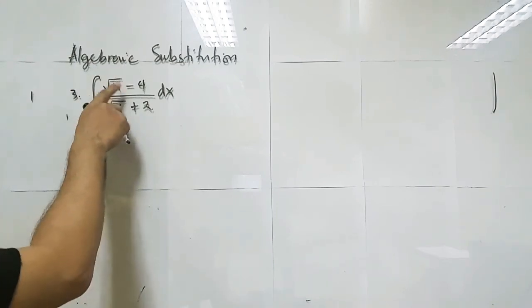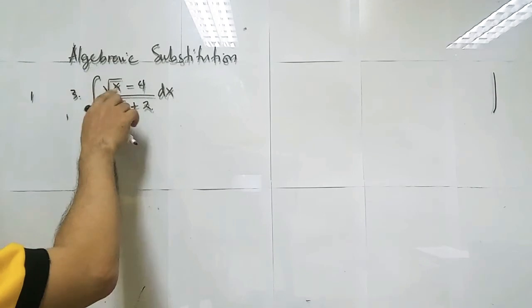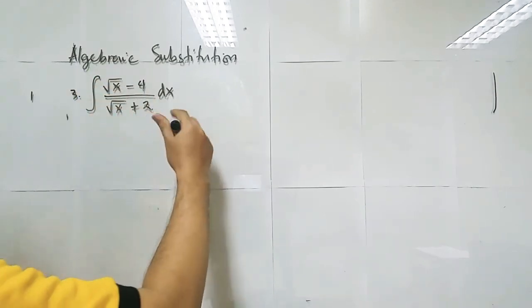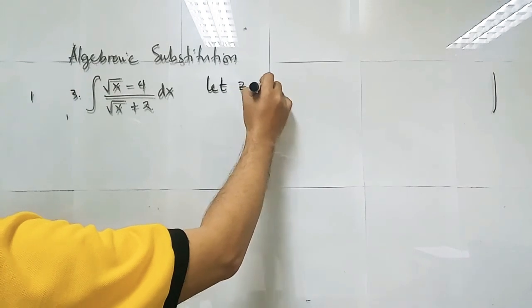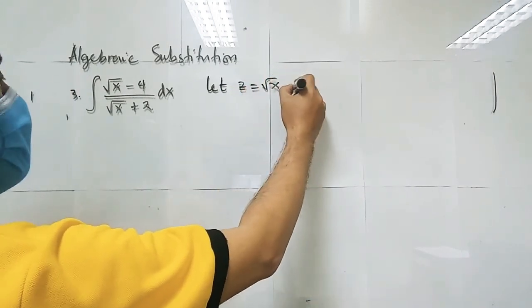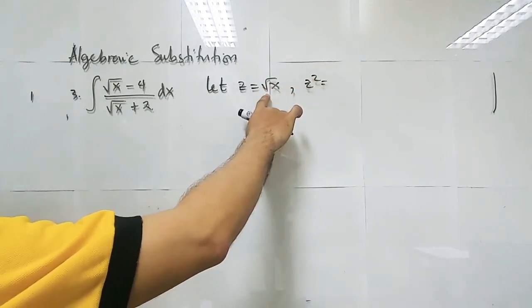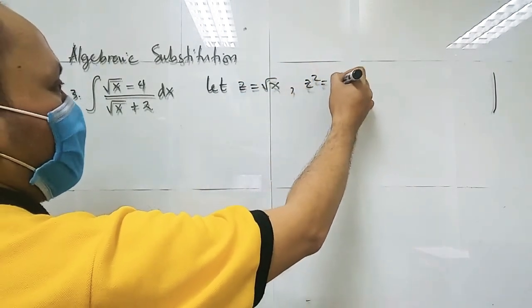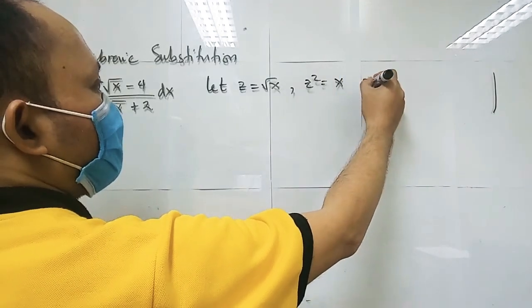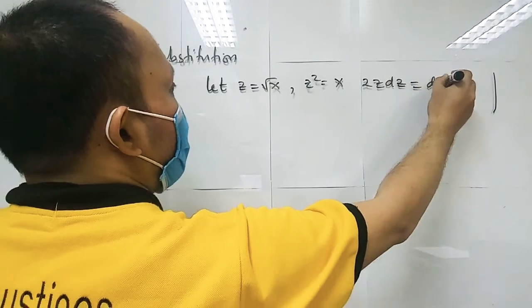So let's say z equals the square root of x, and then z squared is equivalent to x, and taking the derivative, 2z dz is equivalent to dx.